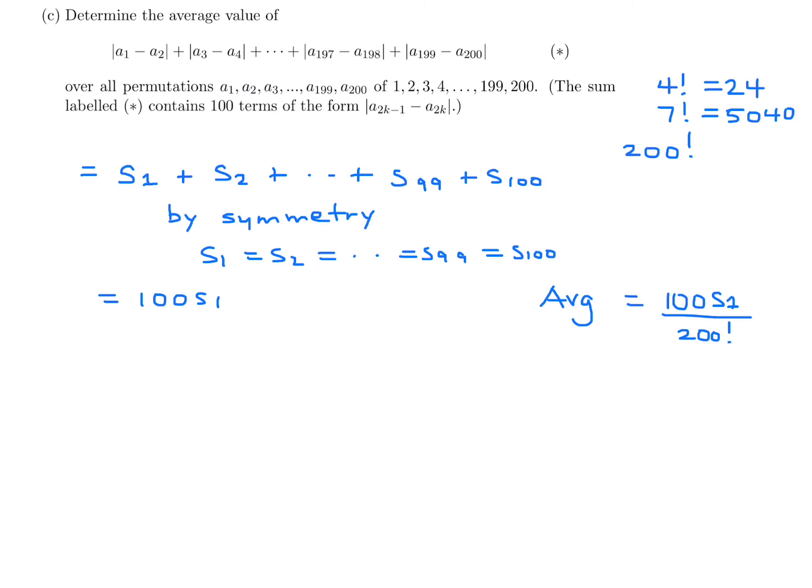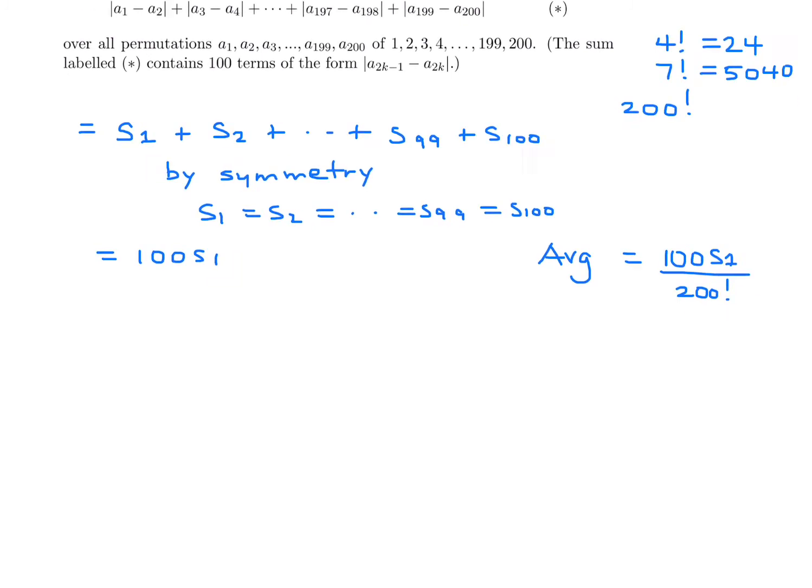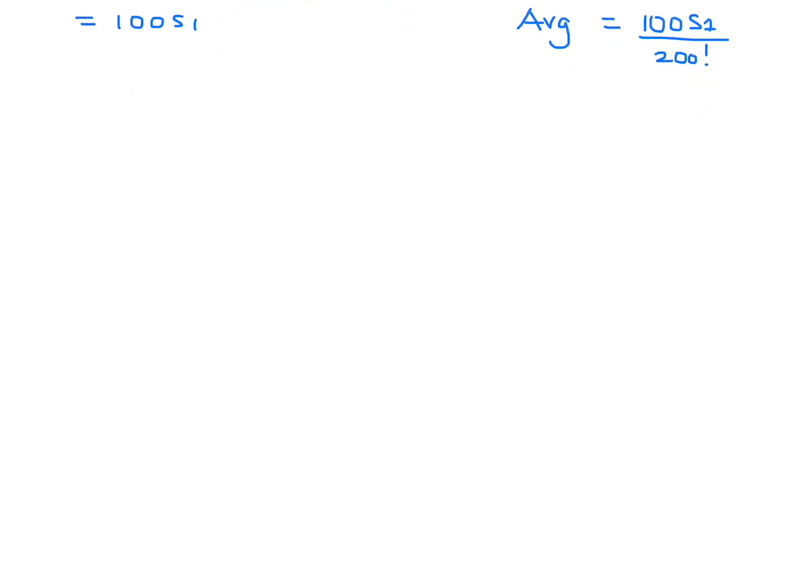Okay, so now we have to figure out the numerical value of S1. So here we go. Before we calculate the numerical value of S1, we have to understand that when you first have this term A1 minus A2, we can choose something to be A1 and choose something to be A2, and that's fine. But then there's going to be, of the 200 numbers, 198 numbers left over.